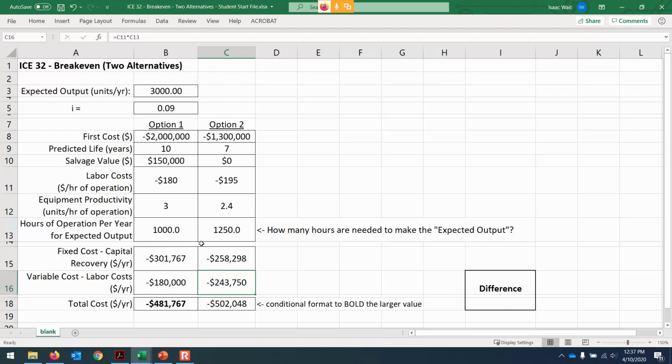Because its productivity is lower, it takes more time, and each hour is more expensive too, presumably because you've got more people on the job, a bigger crew to operate this manually controlled equipment. So the variable cost differential is large enough that it makes option 2 more expensive than option 1 when you're generating 3,000 units per year.